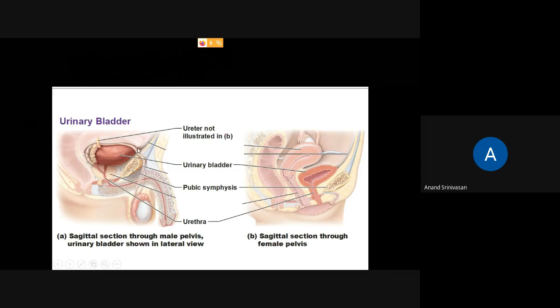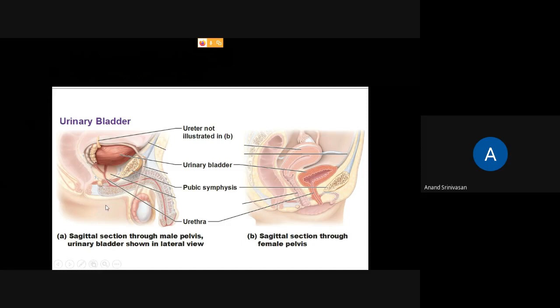So this is the base, this is the apex. It becomes oval-shaped when it is filled with urine or pear-shaped when it is empty. This is the neck of the urinary bladder, and the urethra emerges from near the neck.